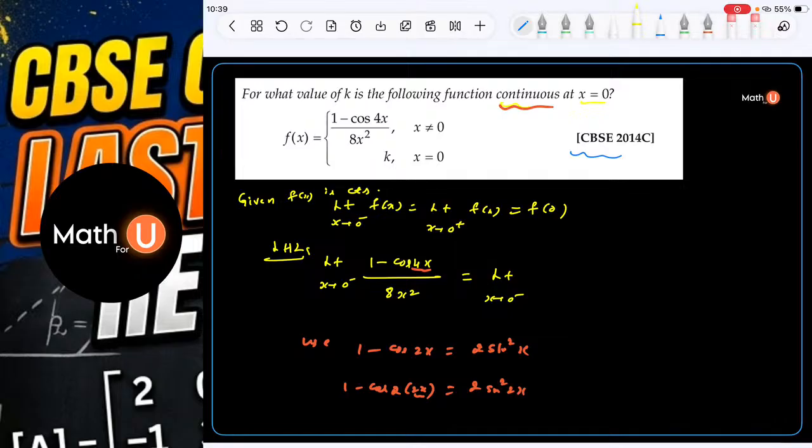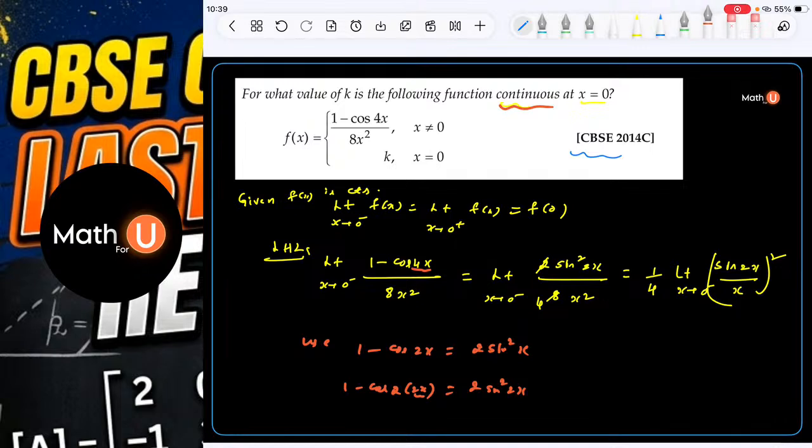I will replace 1 minus cos 4x with 2 sin square 2x by 8x square. 2 ones are 2, 4 twos are 8, that is equal to 1 by 4 limit x tends to 0 minus, and it can be written as sin 2x by x whole square.